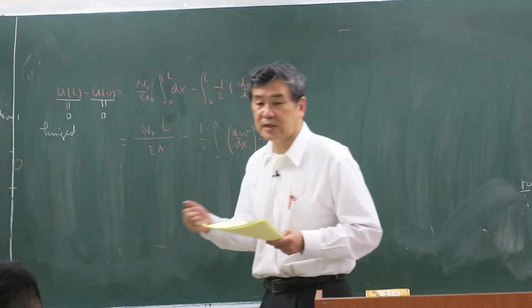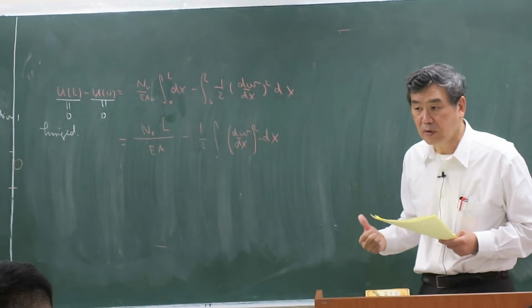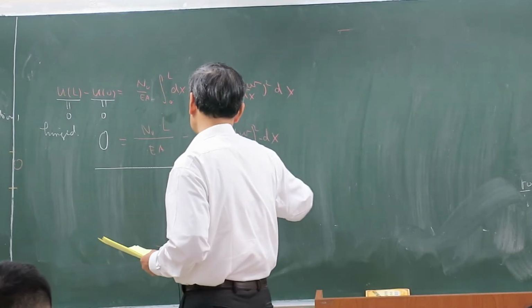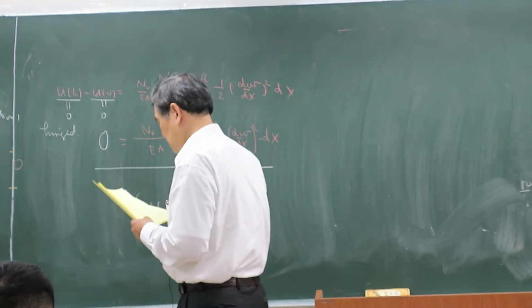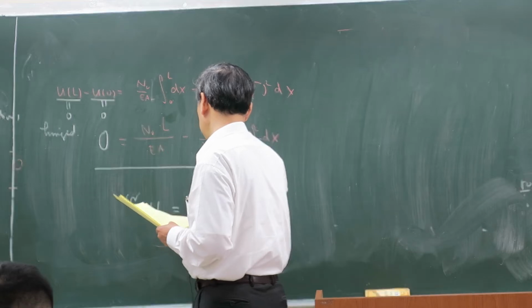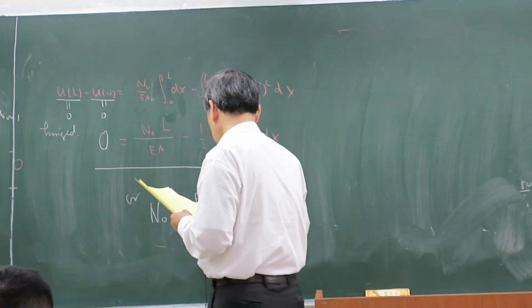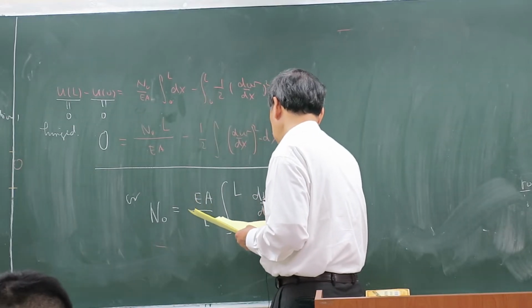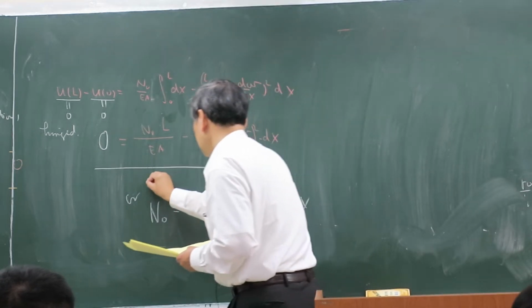Okay, so the horizontal displacement at 0 and at L are all 0. So this 0 equals this, or N0 equals EA over L integral from 0 to L of dw dx squared dx.